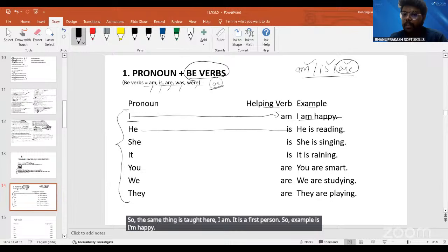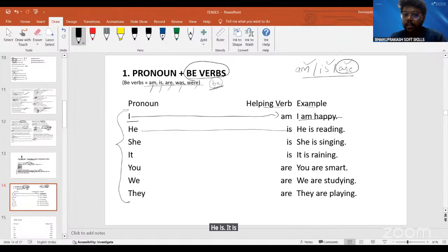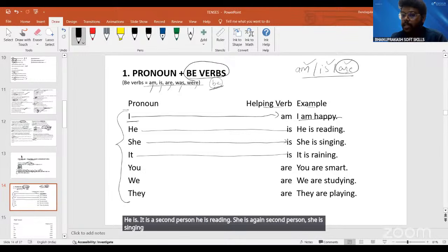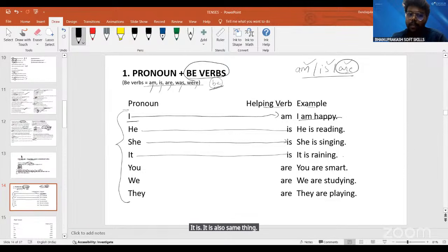He is, it is a second person. He is reading. She is, again second person. She is singing. It is, also the same thing. It is raining. And you can observe, although you is a singular person, since it is related to us, we should use are.